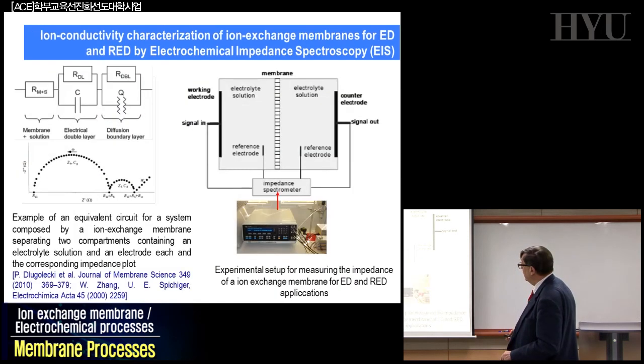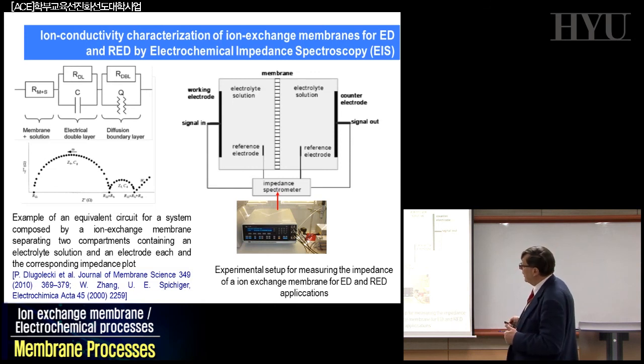But what is important here is the big difference with the direct, traditional measurements. In ion conductivity measured in this way, you can change the frequency, you can follow what happens in the system with time, as a function of time.